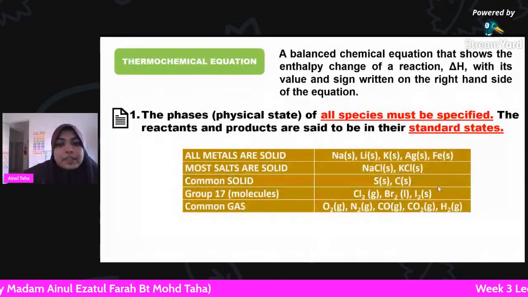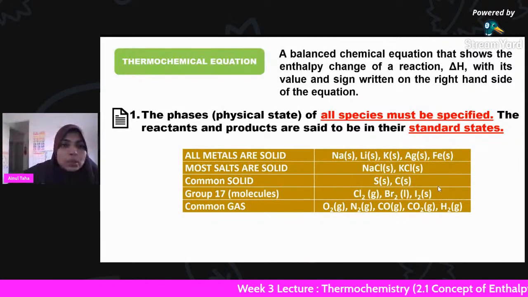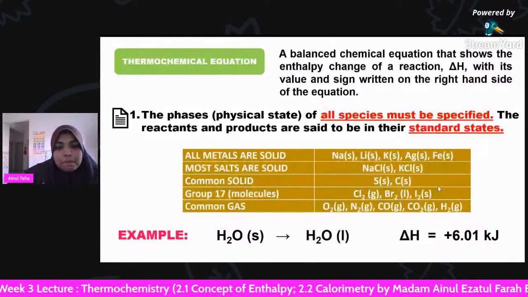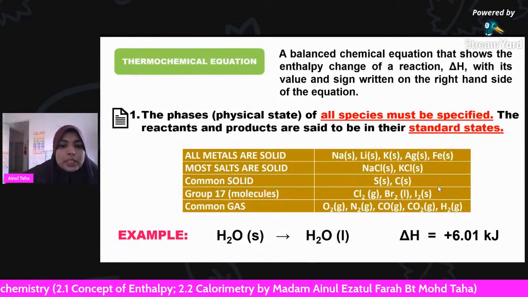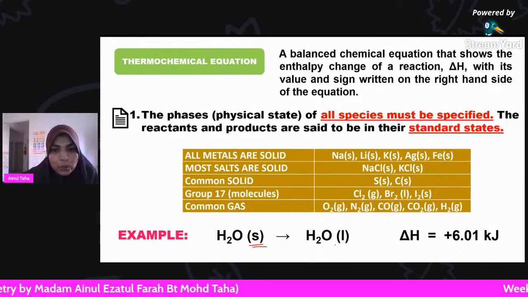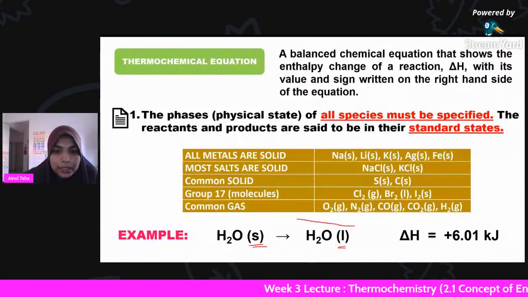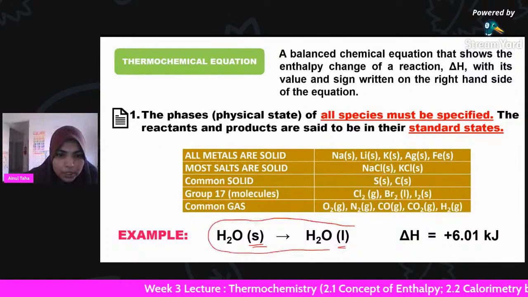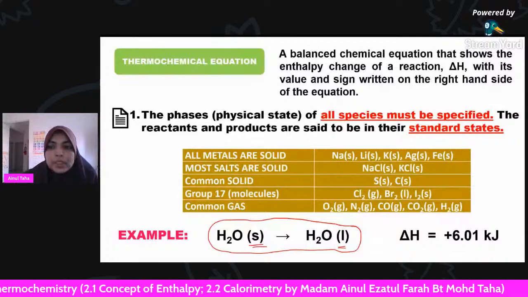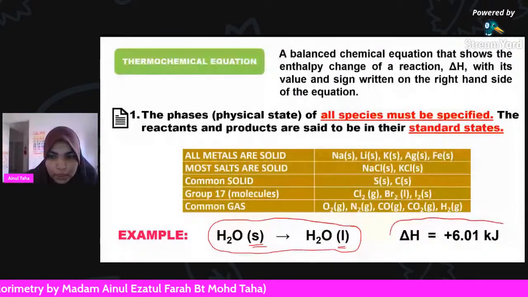So common gases are O2, N2, CO, CO2, H2, all in the form of gas. For example, here, let's say H2O in the solid phase produces H2O in the liquid phase. So normally you only see this equation, which we call a chemical equation. But now there is another important thing that we have in the equation, which is enthalpy change.